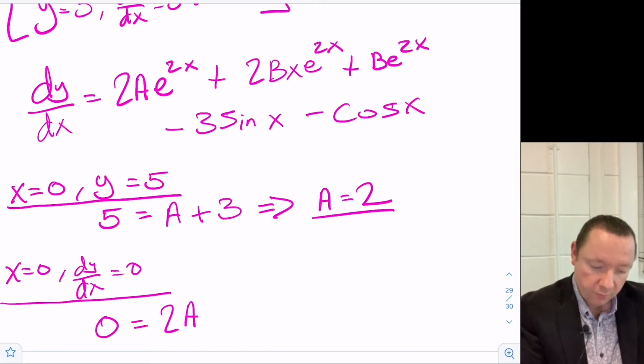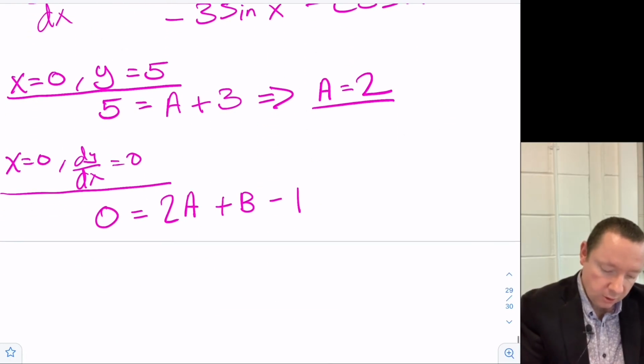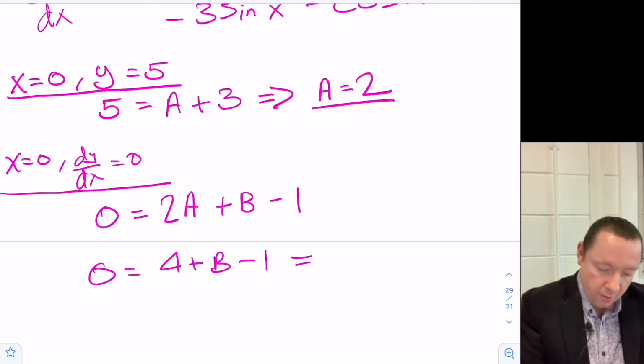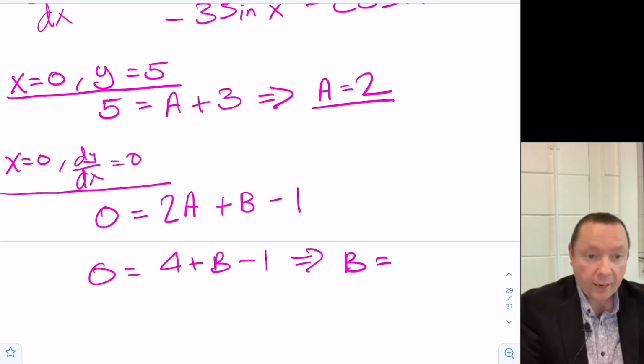The third term will give us b. The fourth term we've got nothing, and the fifth term minus 1. So we've got a nice equation. Substituting our 2 in, we've got 0 equals 2 times 2 is 4 plus b minus 1. That implies that b must equal minus 3.